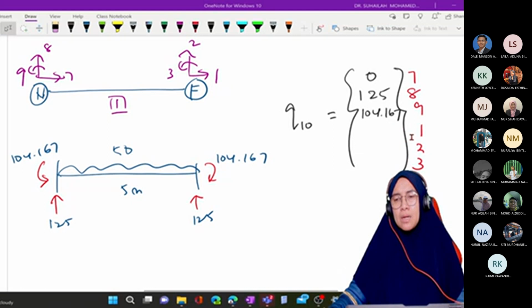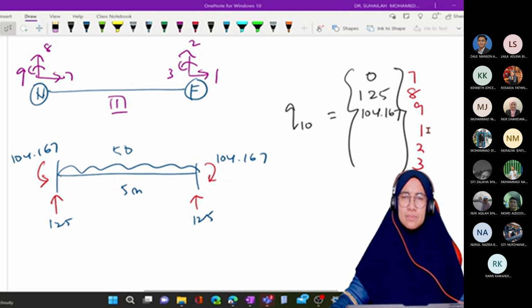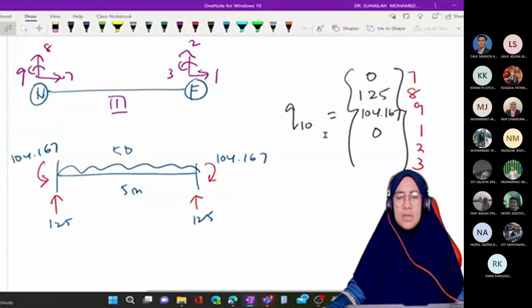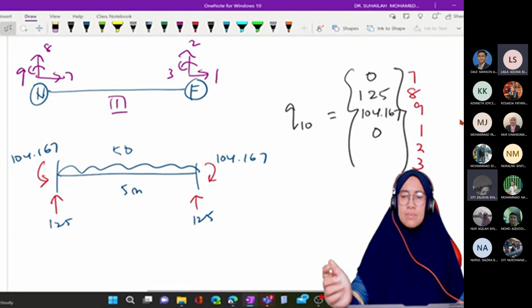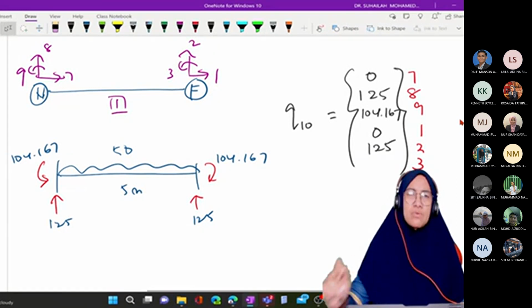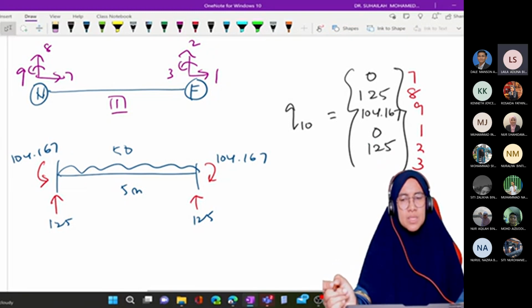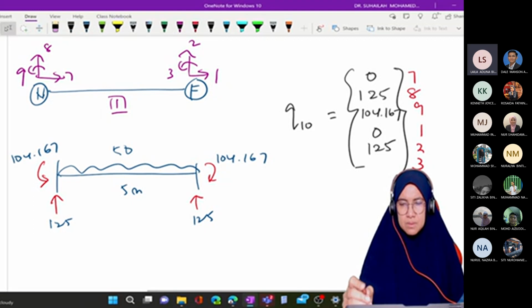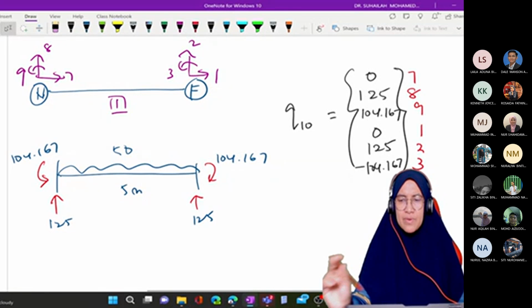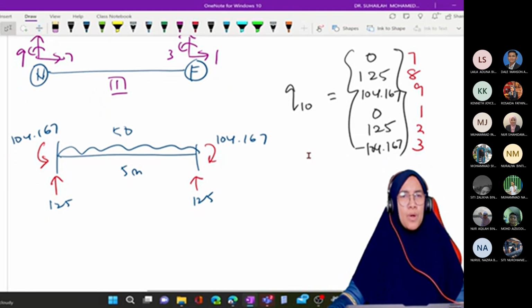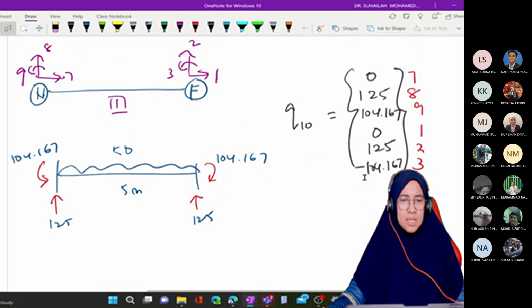Okay, next. Position number 1. What is the value? 0. Position number 1 is 0. Position number 2 is 125. Position number 3 is negative 104.167.